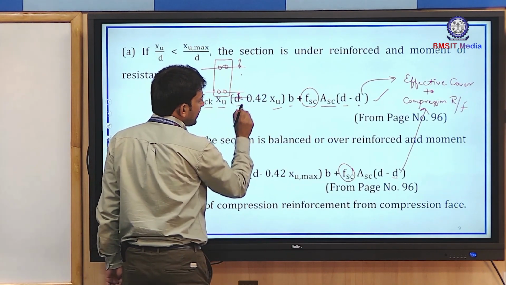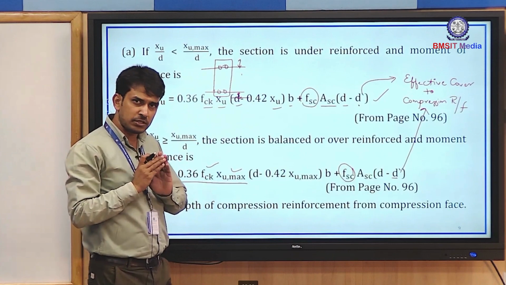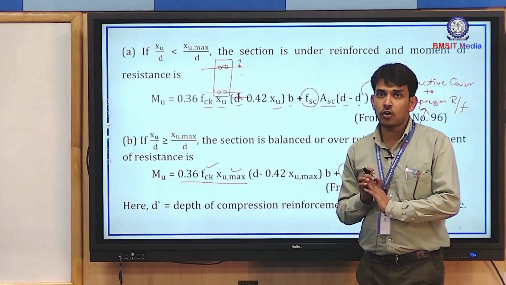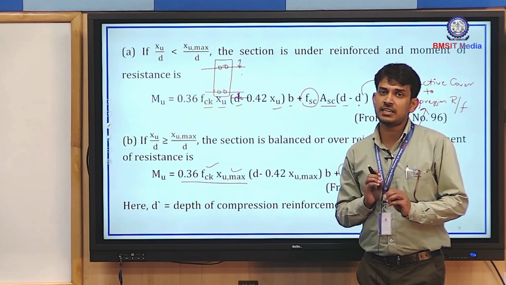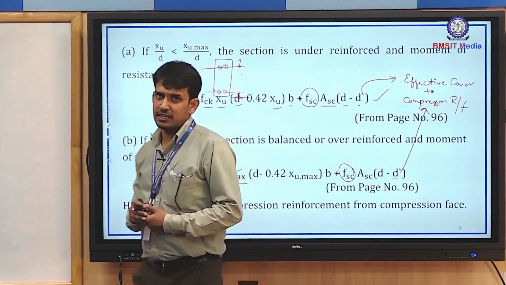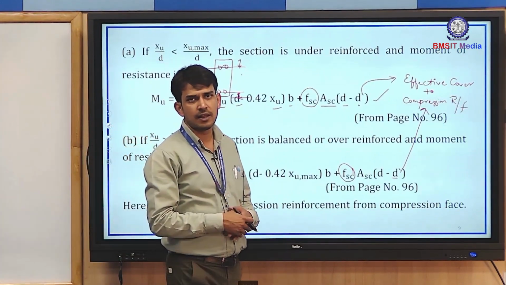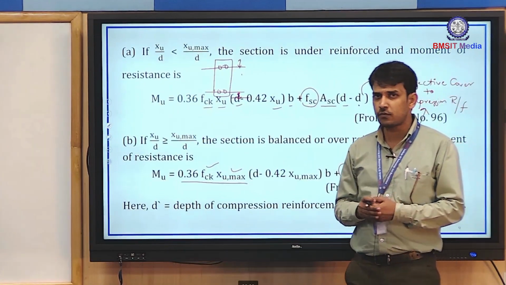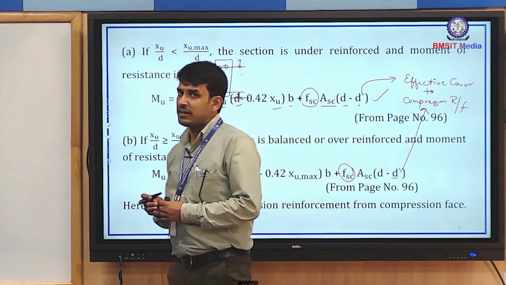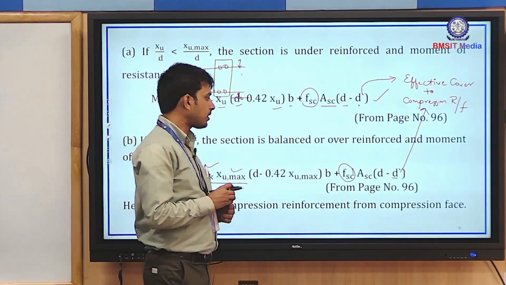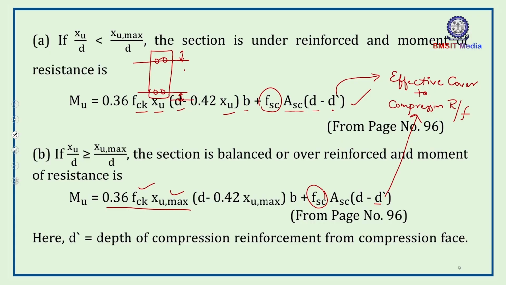Most of the time the effective cover for both the tension reinforcement and the compression reinforcement is the same, but it is not mandatory that it will be the same, it may change. The effective cover to the tension reinforcement is one value and the effective cover to the compression reinforcement is a second value. But in the calculation, wherever we are using D dash, that D dash is the effective cover to the compression reinforcement. So we have to take care of that one.